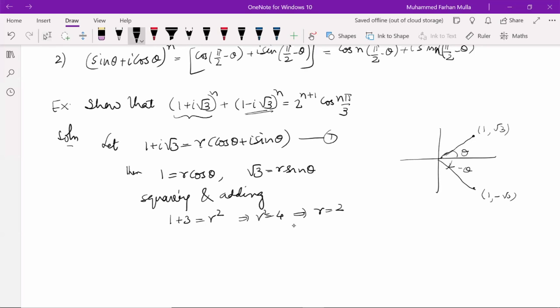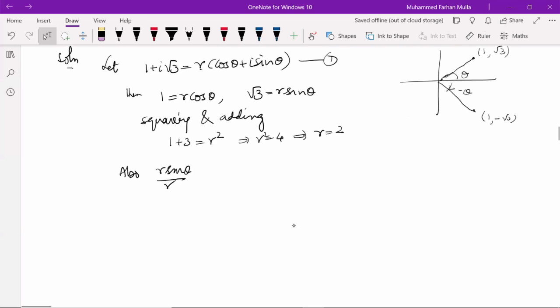If you divide these two, r sine theta by r cos theta is equal to root 3 by 1. So r gets cancelled, implies tan theta is equal to root 3. So what is theta equal to? Theta is tan inverse of root 3, which is nothing but pi by 3, 60 degree, correct.